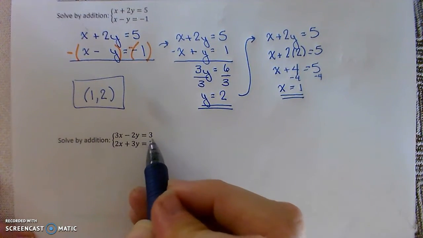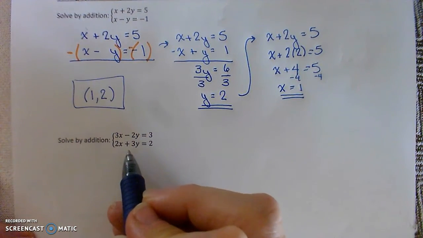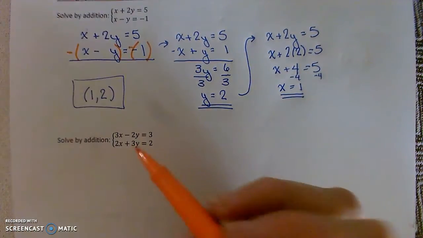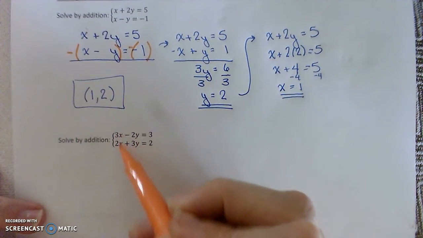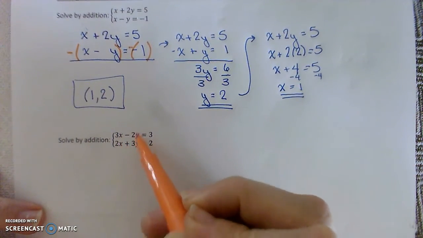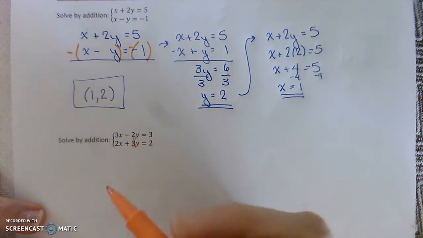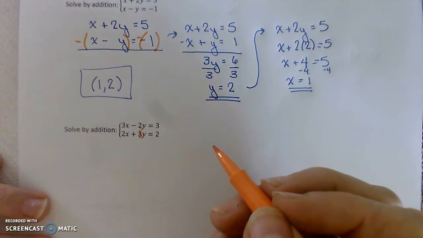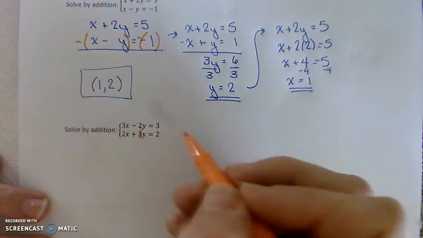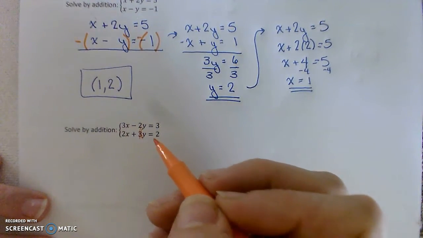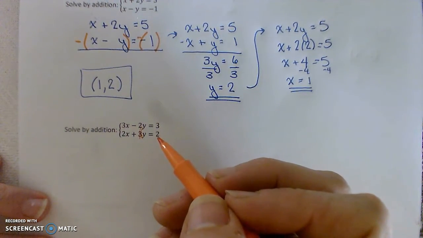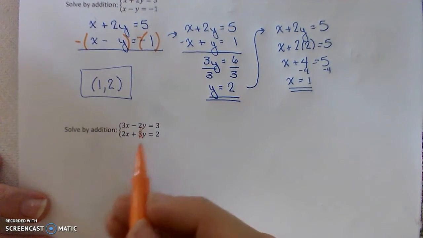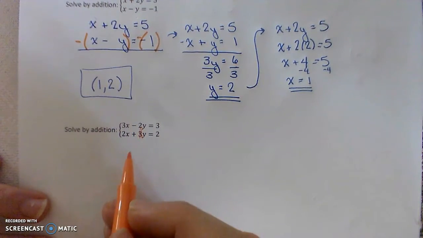3x minus 2y equals 3, and 2x plus 3y equals 2. So notice that the coefficients of the x's are different, and also the coefficients of the y's are different. So what I can do in this case is multiply the entire equation, both left-hand and right-hand side, by a number that will make it so that one of the variables has the same coefficient.